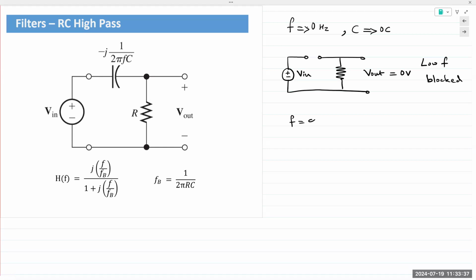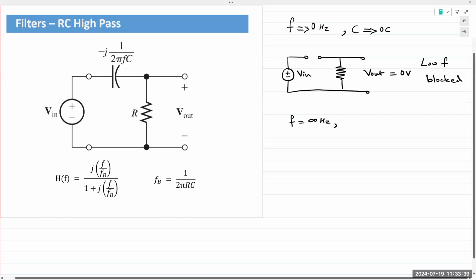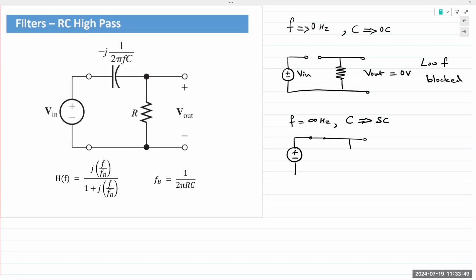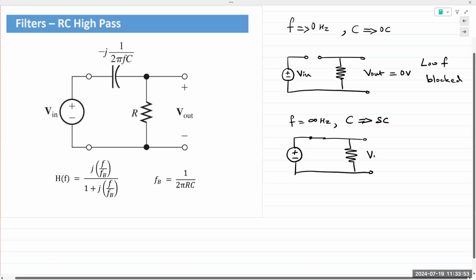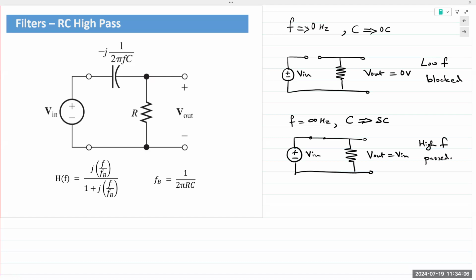As F tends towards infinity, the capacitor behaves like a short circuit. And so V out is equal to V in. High frequencies are passed.